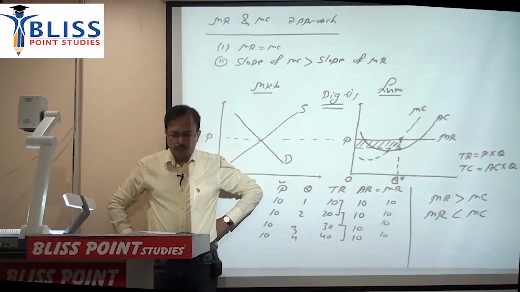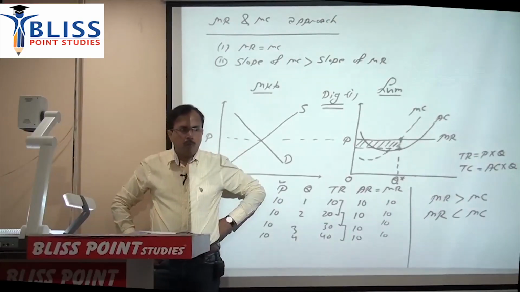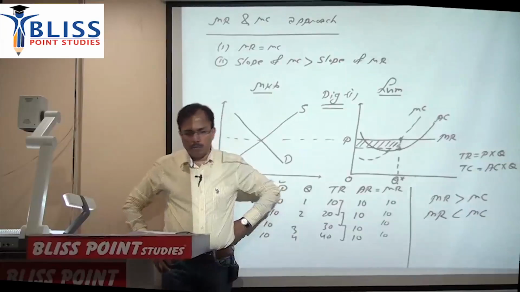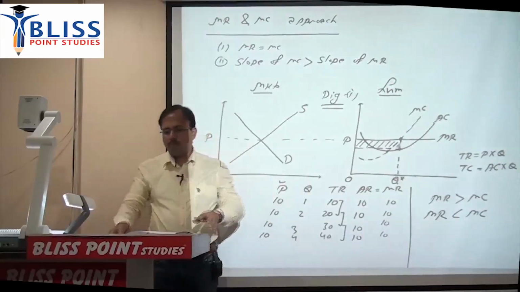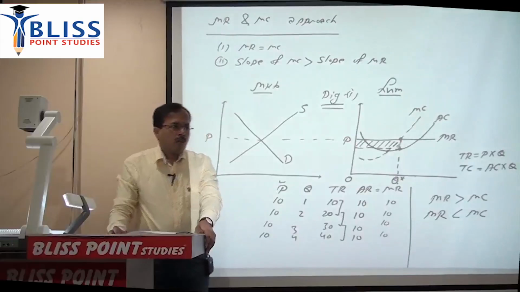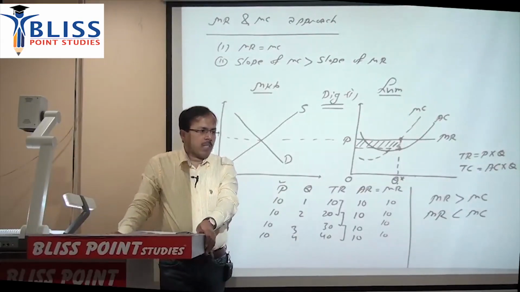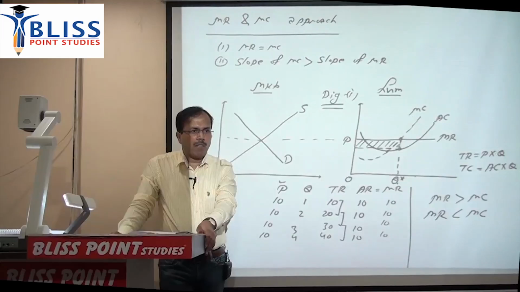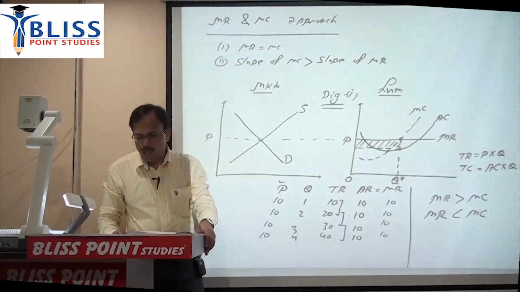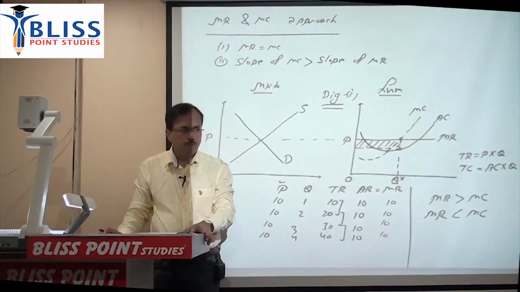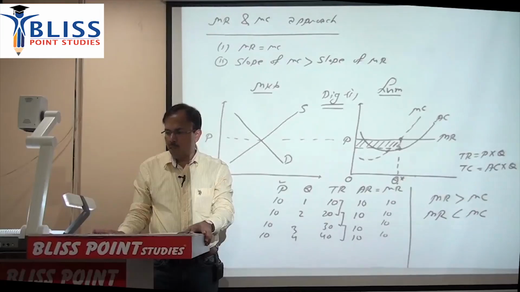Therefore, profit is maximized at output Q star where MR is equal to MC.